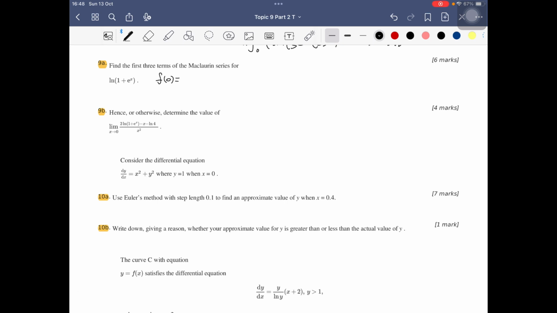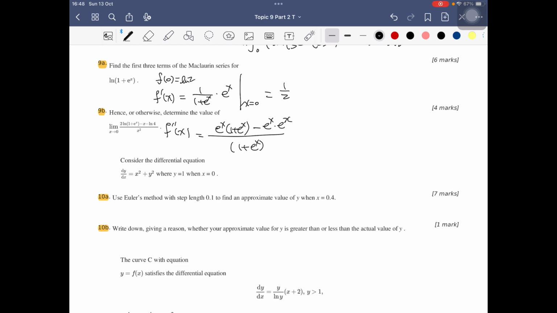So f(0) is ln 2. F prime of x is e to the power of x over 1 plus e to the power of x. When x equals 0, that is 1 over 2. And f double prime of x is e to the power of x times (1 plus e to the power of x) minus e to the power of x times e to the power of x, over (1 plus e to the power of x) squared, so e to the power of x over (1 plus e to the power of x) squared.